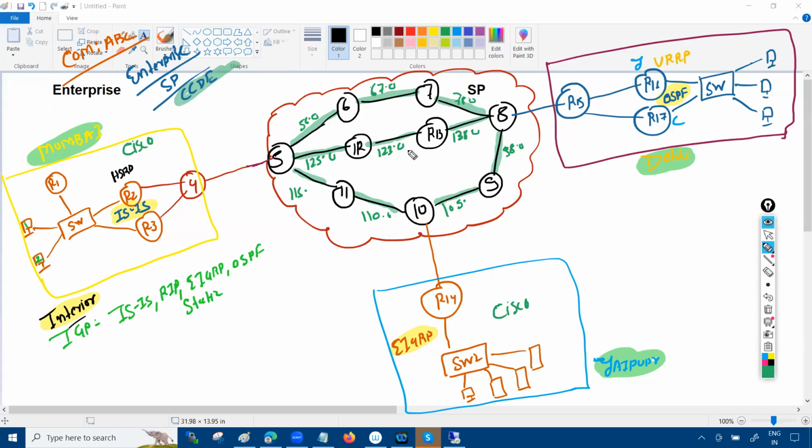But what is the recommendation? You have to go with the IS-IS protocol or the OSPF protocol. The reason is that these two protocols can support traffic engineering.